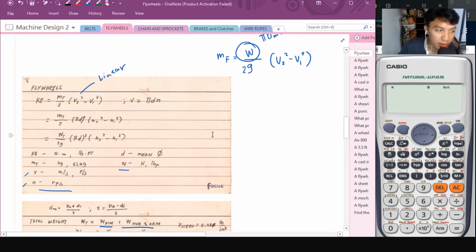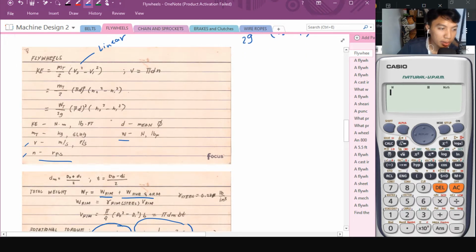So, meron ka dyang delta KE is equal to yung mass na binigay sa'yo, total mass of the flywheel divided by 2 multiplied to pi d or the mean diameter, square the value, and then multiply mo ng N2 squared minus N1 squared. Yan yung ating energy.